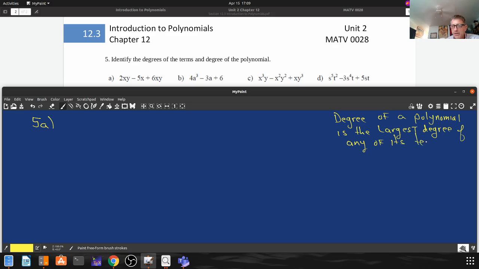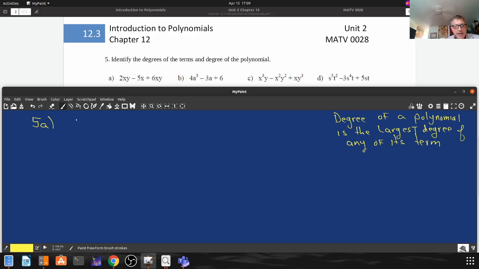And it's really only difficult if the polynomial is in more than one variable, and literally everything they give you is a polynomial in more than one variable, other than, sorry, the second one, b.